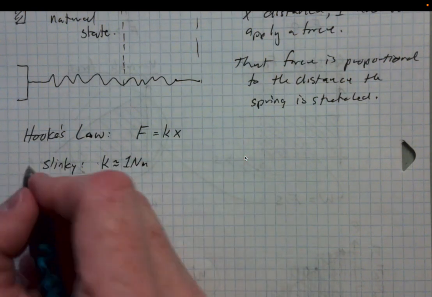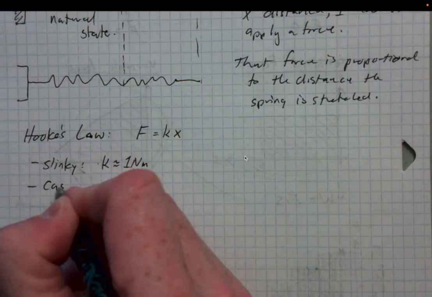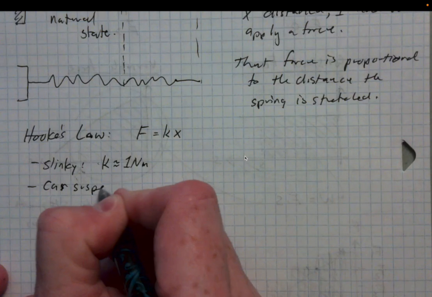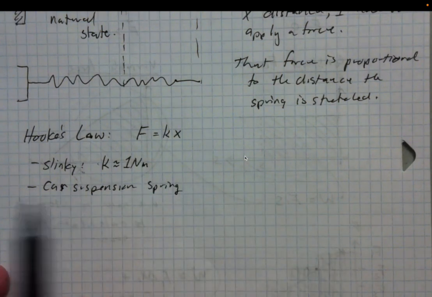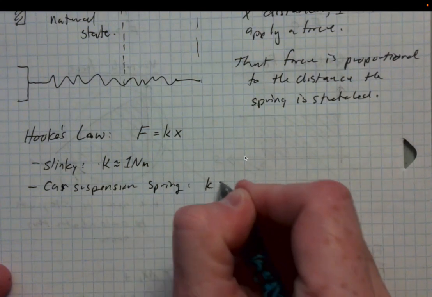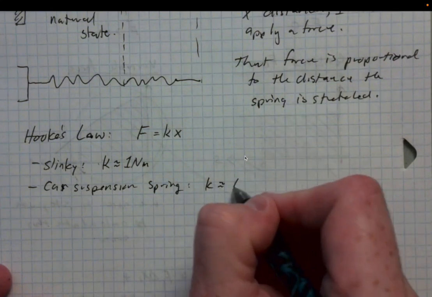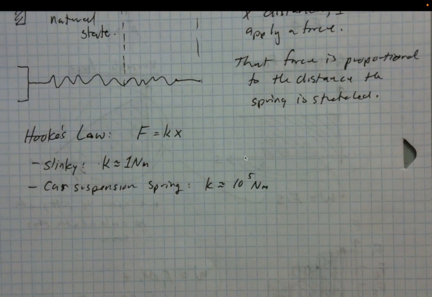And another example would be the springs that are used in the suspension of your car. So a car suspension spring is obviously much stiffer than a slinky, right? In this case, k might be something like 10 to the 5th Newtons per meter. Much stiffer.